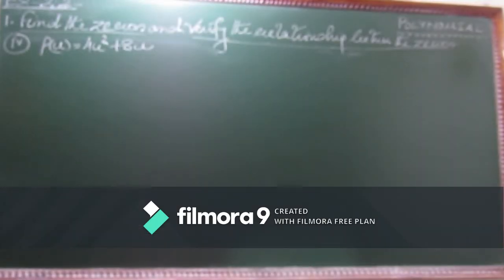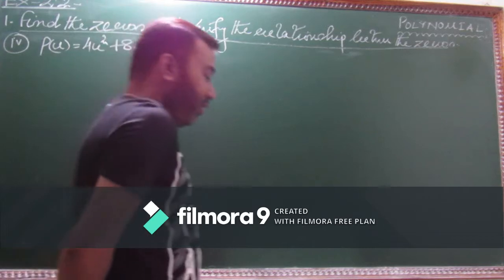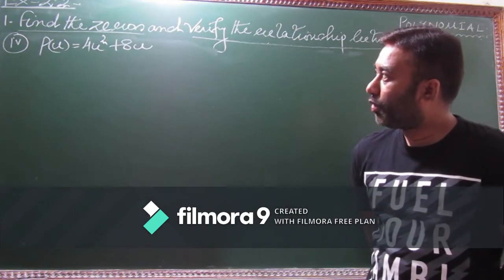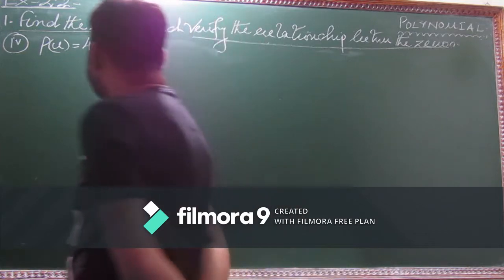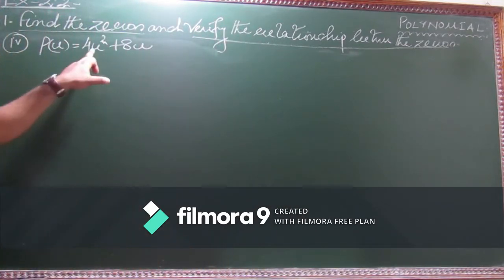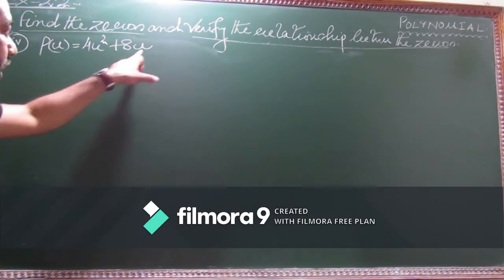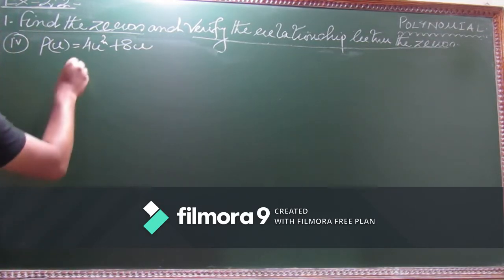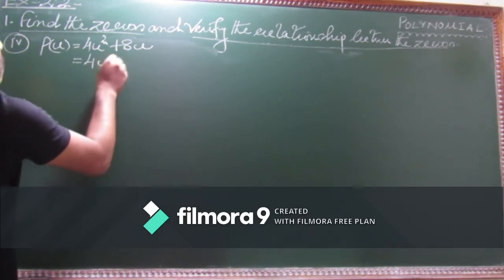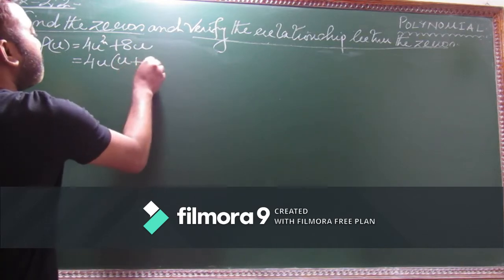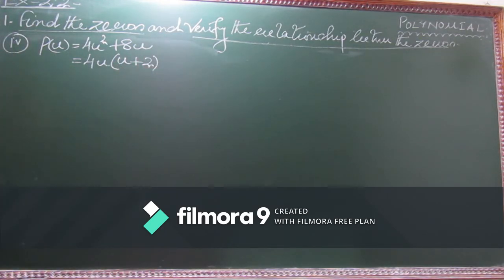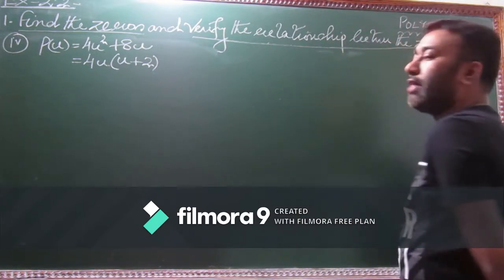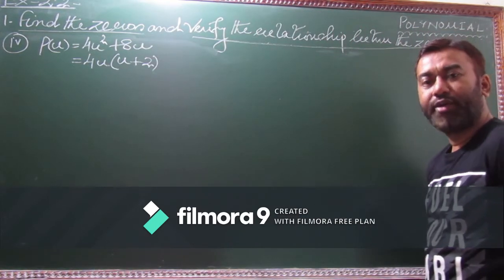Fourth part. In the fourth part, the given polynomial is in u. This is Pu. Okay. So what is this? 4u square plus 8u, and there is no constant term. So if I need to go for the factorization, let me take 4u common, then u plus 2. Now if I need to find its zeros, I have to compare the product with zero.